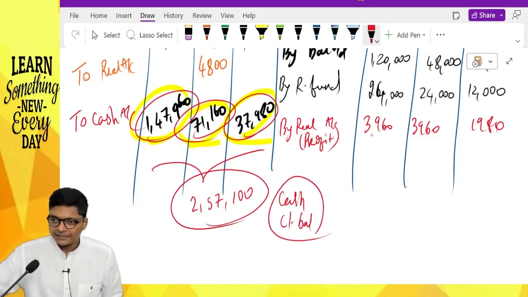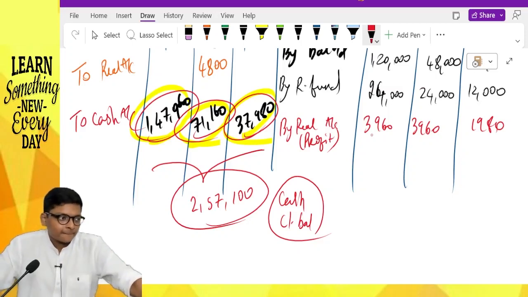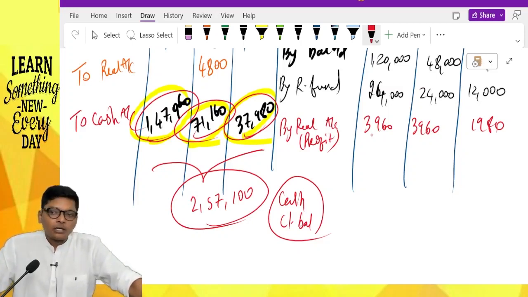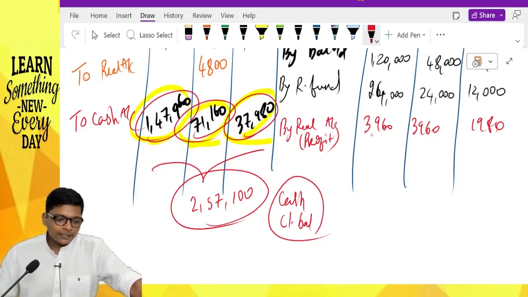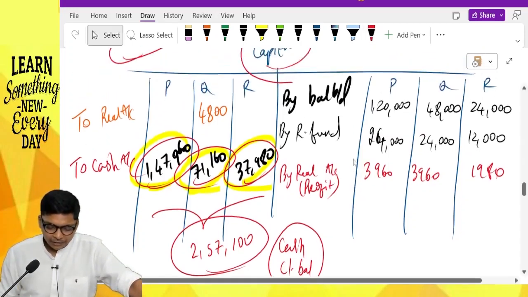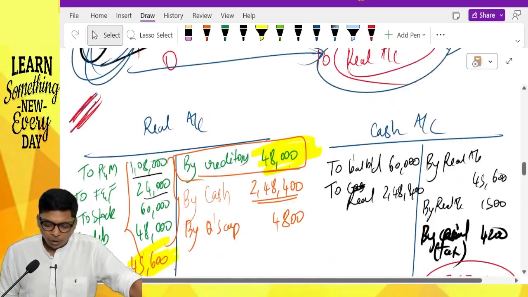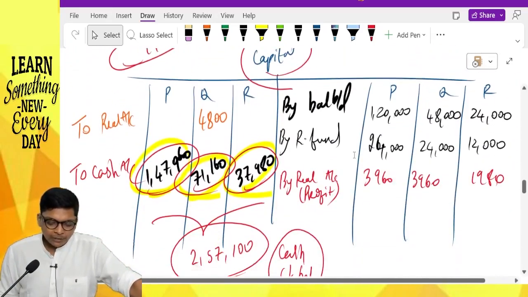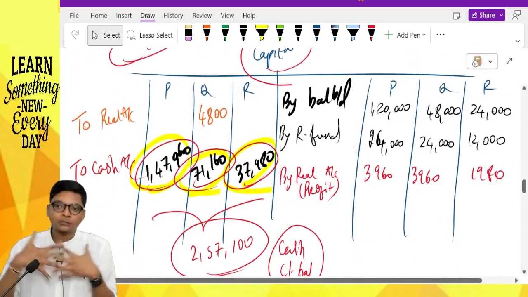Are you able to follow, guys? That is next. I'm going to come there. Done, all of you? Online, are you able to follow, guys? Done till here. If you want, copy down. But more than copying down, get it right. That's why I told you cash and capital is simultaneous closing.